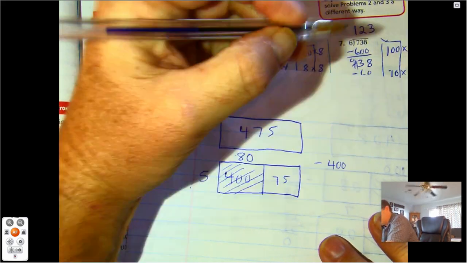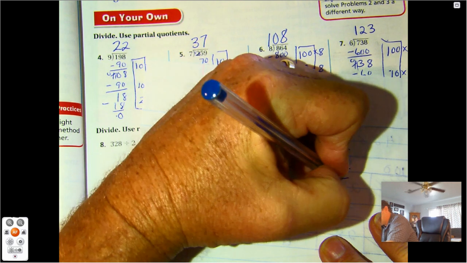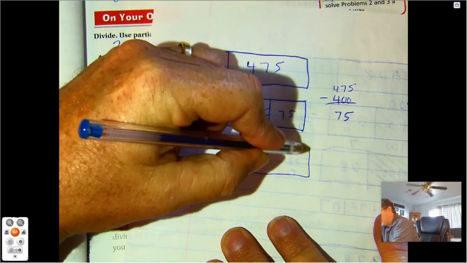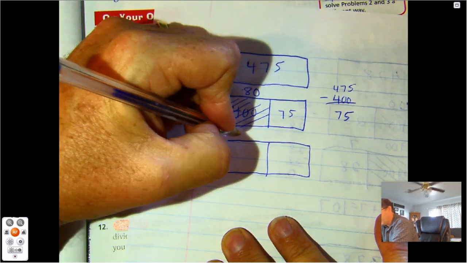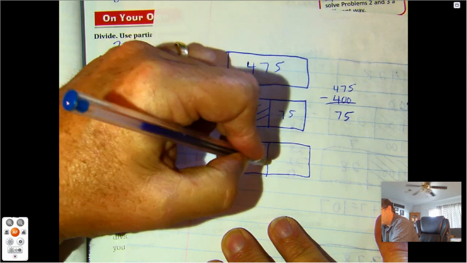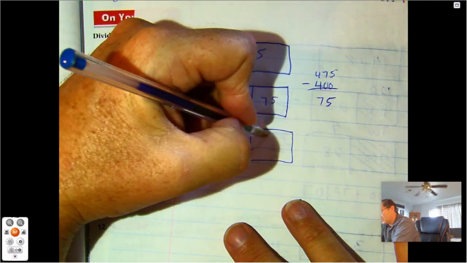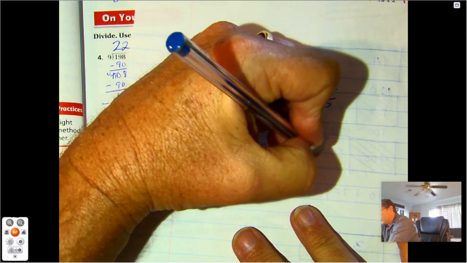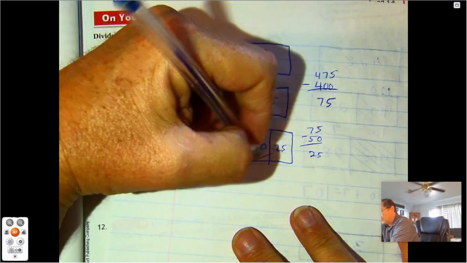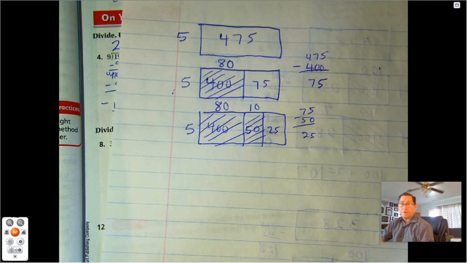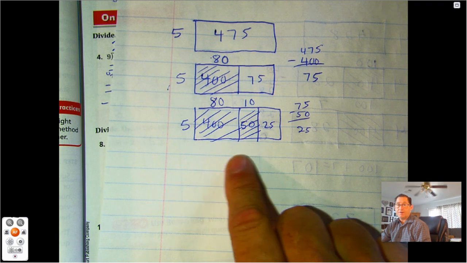That leaves us 75 to be taken from. So how many 5s can we take away from 75? Well, I know I can take 50 away, so let's do that. So what is 75 take away 50? 25. 25 is left. So 5 times what is 50? 10. All right, so we've now taken away 450 of the 475. We have 25 left.